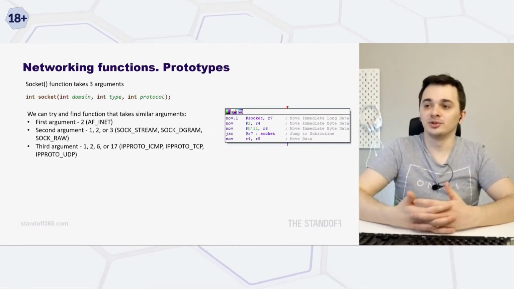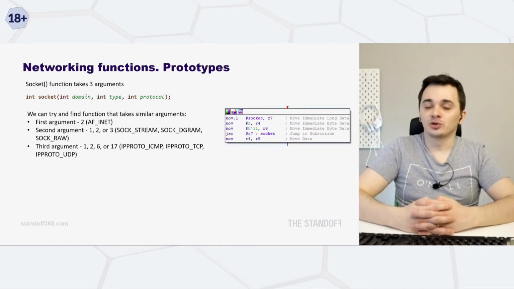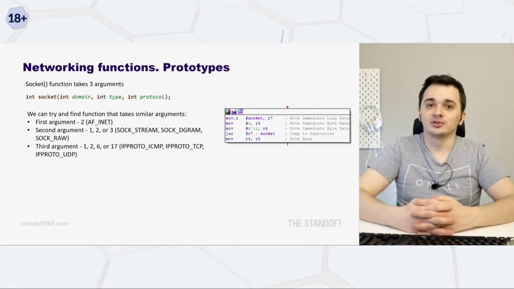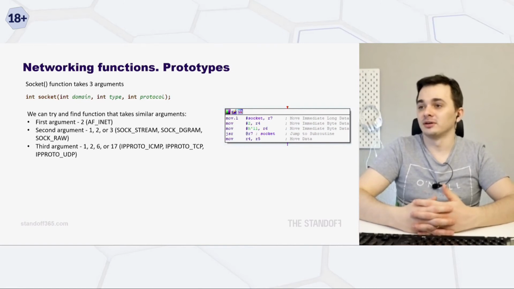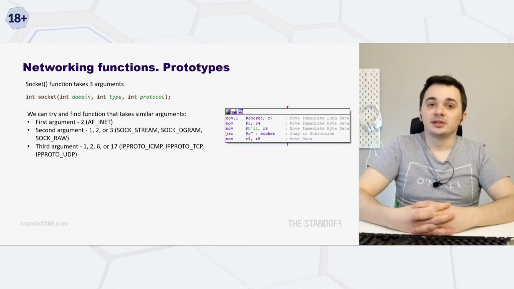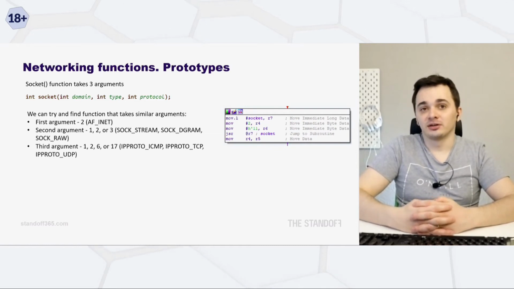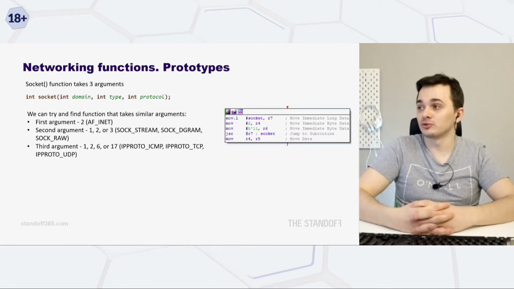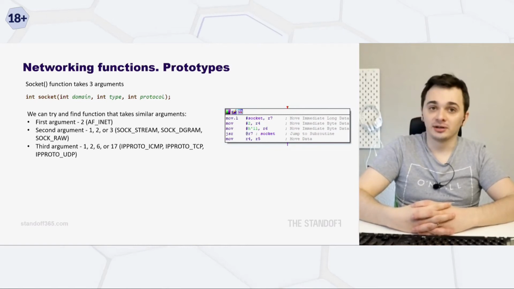Stream is obviously TCP, while datagram should be UDP. And the third argument will be either 1, 6, or 17, representing ICMP, TCP, or UDP protocols. And if we look real hard in the firmware for functions that take such 3 arguments, we will be able to find a function like the one I'm showing in the screenshot.